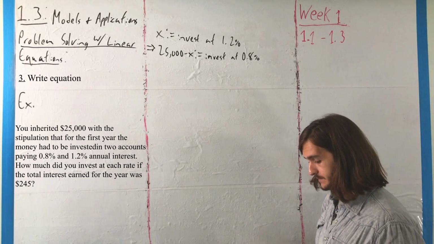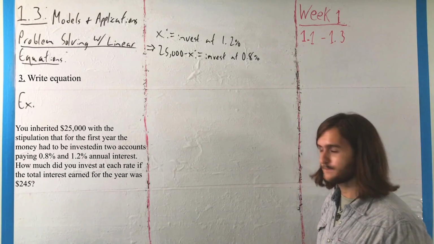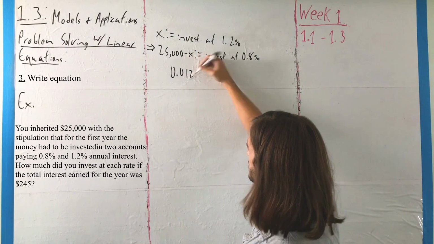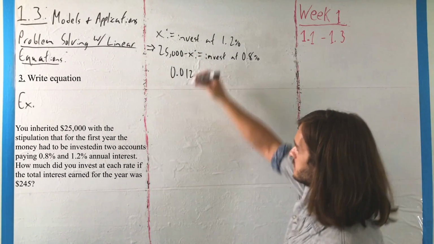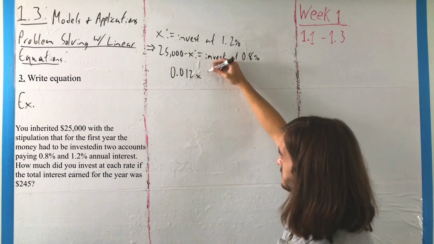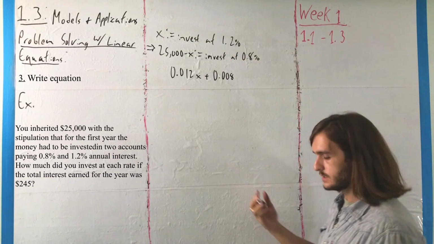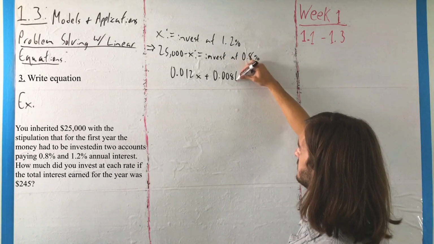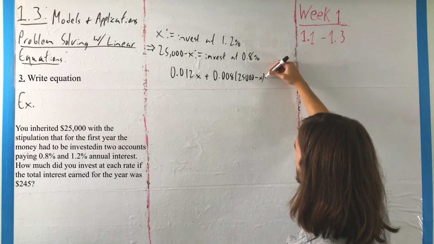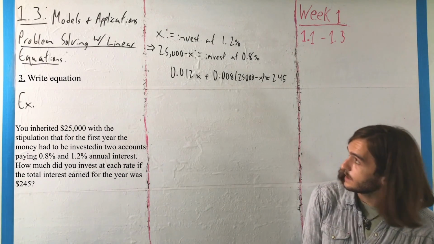But what we have in terms of our setup is that 1.2%, or 0.012, times the investment x, the amount you put in there, plus 0.008, that is 0.8%, times the remaining amount, 25,000 minus x, is equal to our total earned interest of $245.